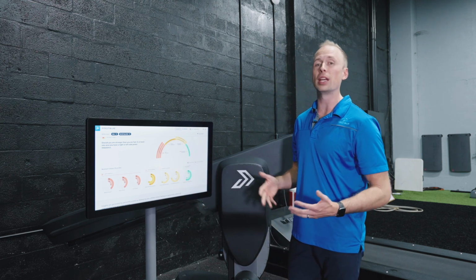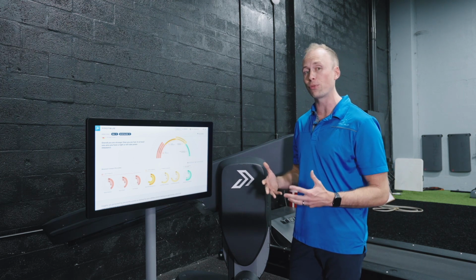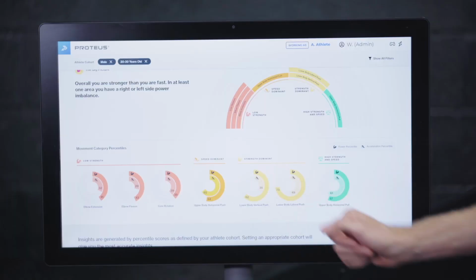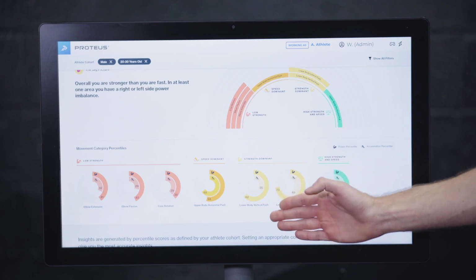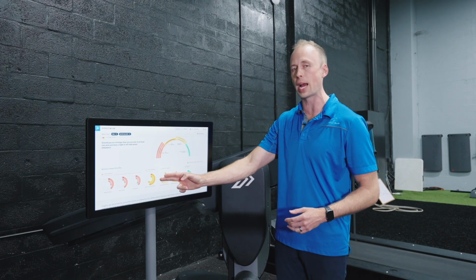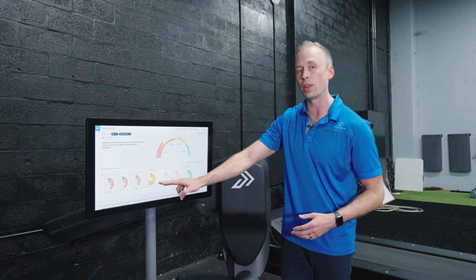Therefore they need to work on increasing their power output by working on moderate force, moderate velocity exercises. You can continue to look through these dials and see how power and acceleration compare to each other. But you'll notice that anyone put in speed dominant will always have acceleration, the inner ring, higher than the outer ring.